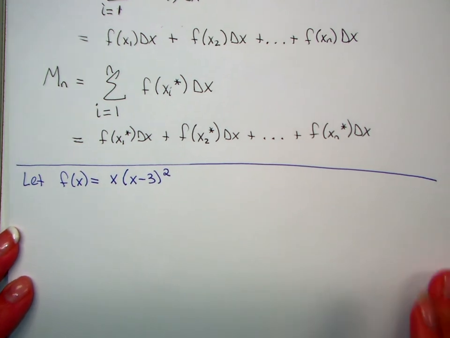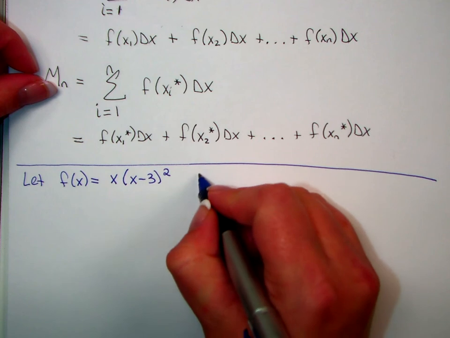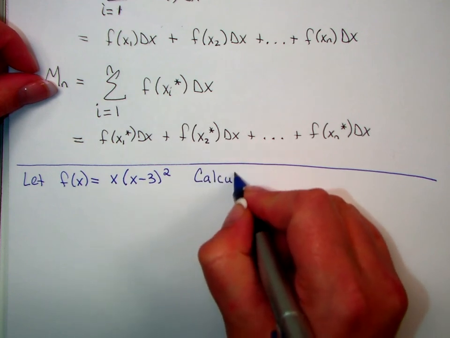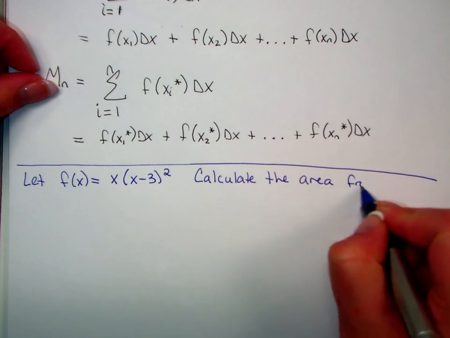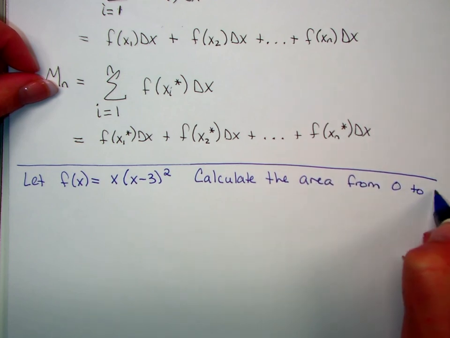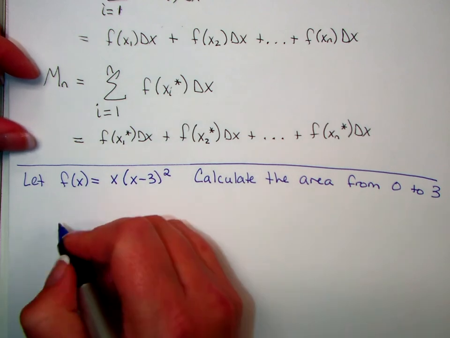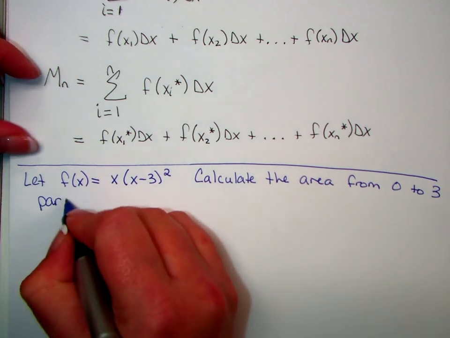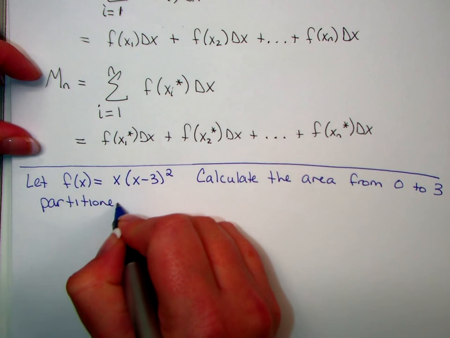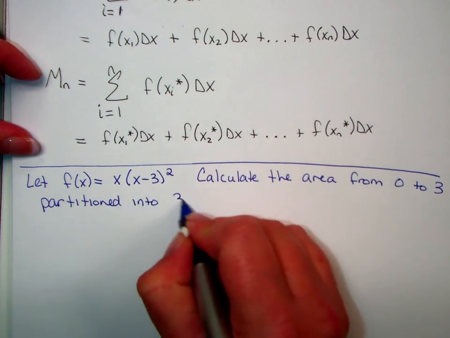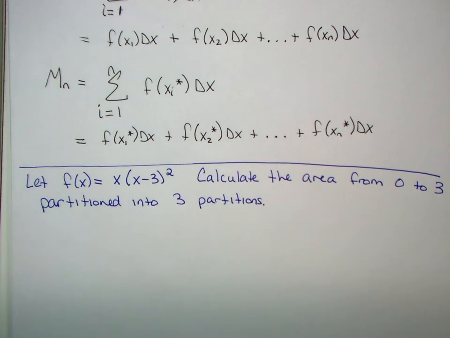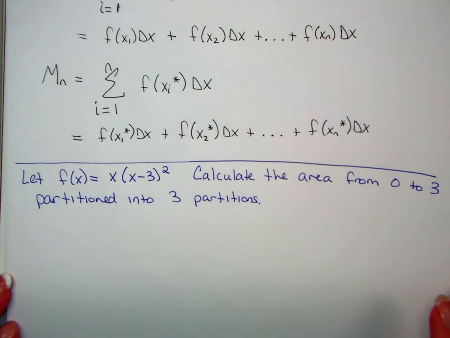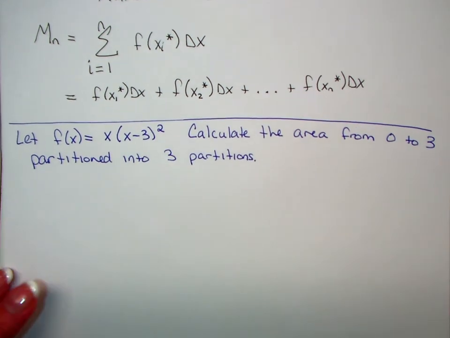We want to calculate the area from 0 to 3, using 3 partitions. Most of the time they are going to make it a nice round number there. But let's go ahead and calculate some items here.